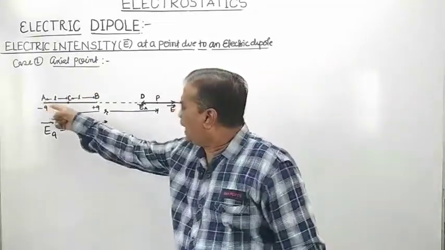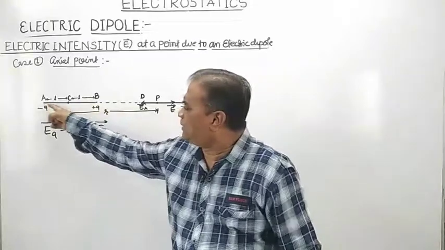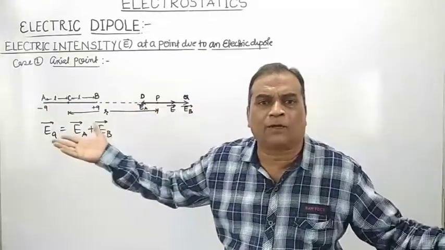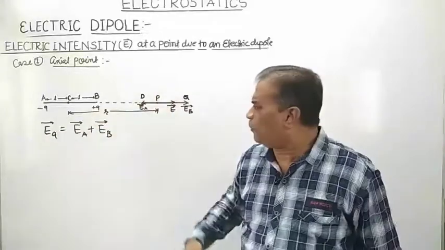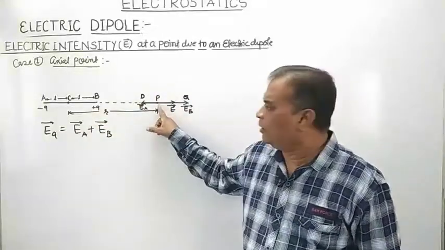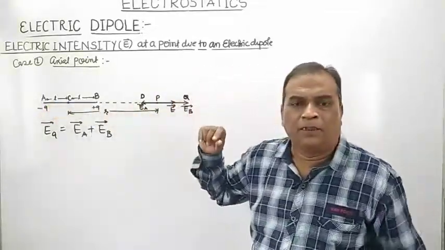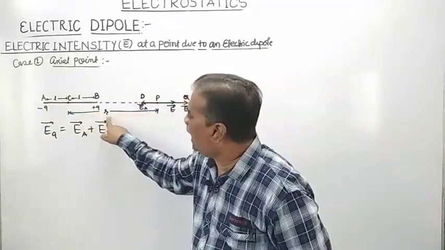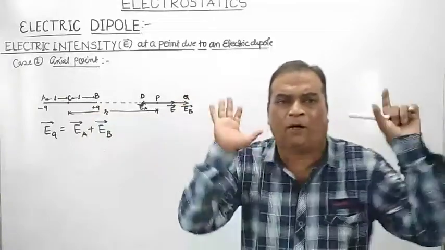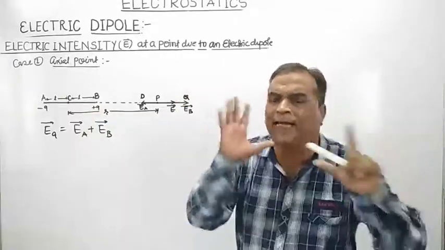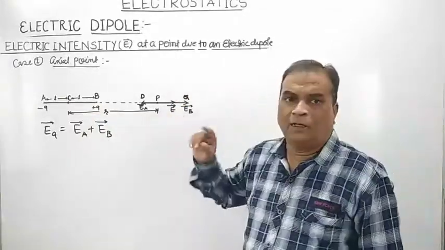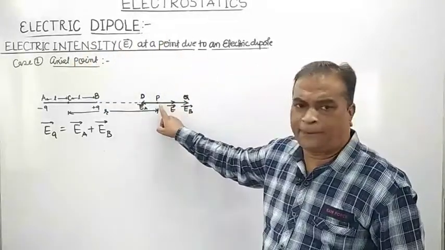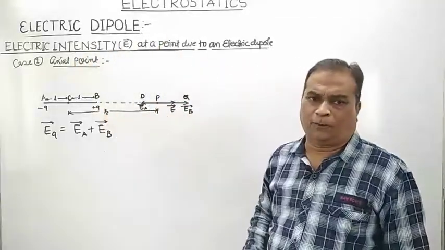The line joining the two charges is known as the axial line of the dipole, and P is any point on the axis of the dipole at a distance r from the center C. We are interested in finding the electric field intensity at point P due to the electric dipole.